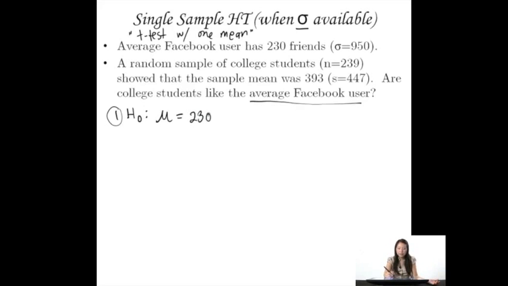That the null hypothesis is that our college student sample is just like everybody else. The alternative hypothesis is that our sample does not come from, they're not similar to that population. All right, so now let's set the significance level.